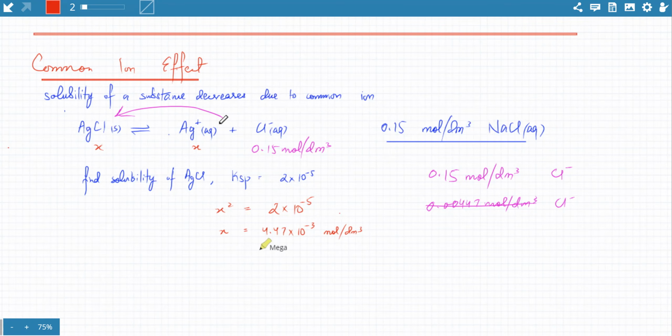Now, silver ions, you don't know. So what you're going to do now is you're going to write the expression again. What was the expression for KSP of AgCl? It was silver ion, Ag plus, and Cl. Yes.